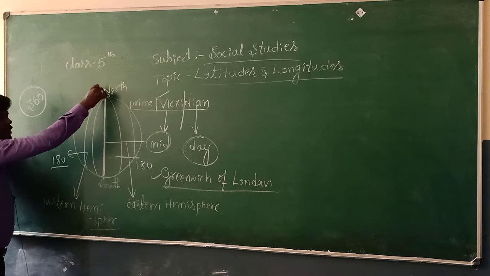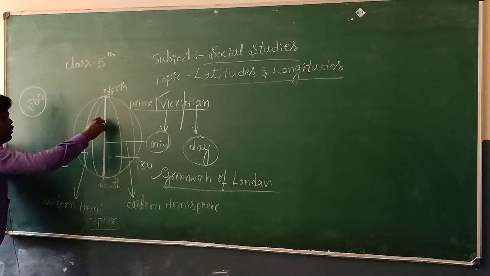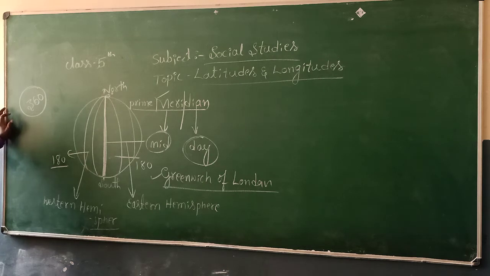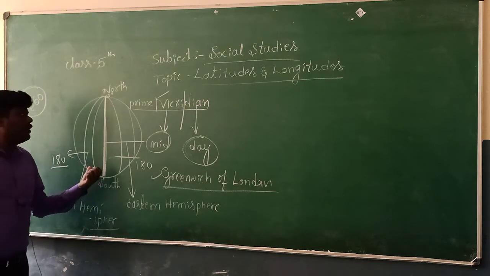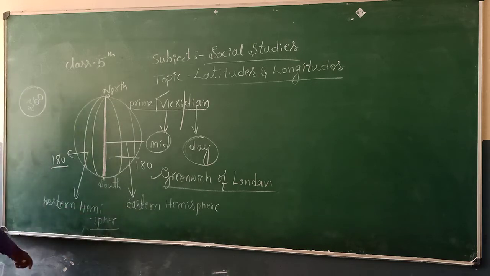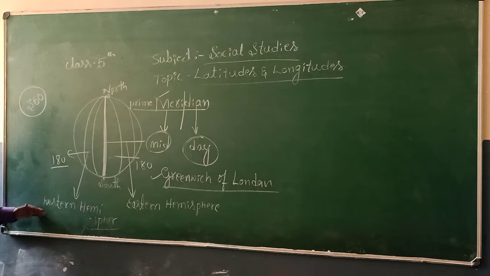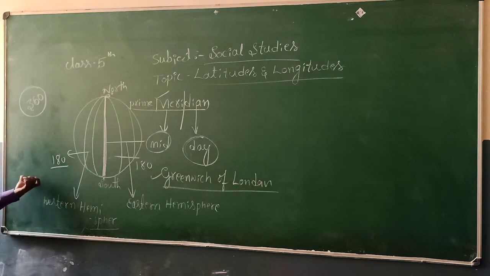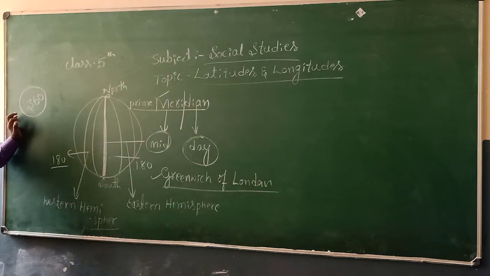To the east of this prime meridian is the eastern hemisphere, and to the west is the western hemisphere. 180 in the west and 180 in the east. So there are 360 longitudes on the earth.